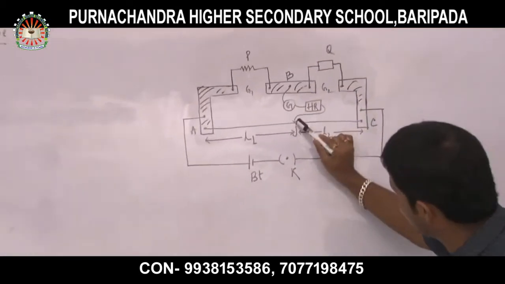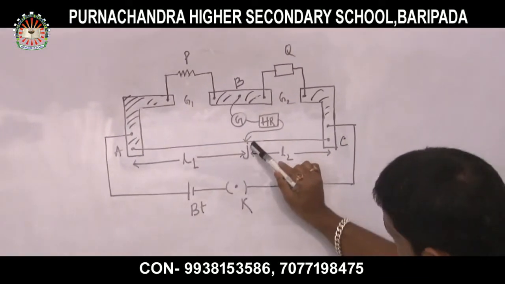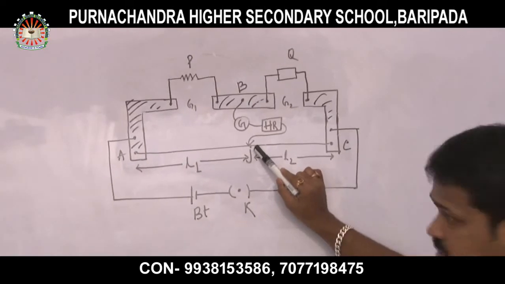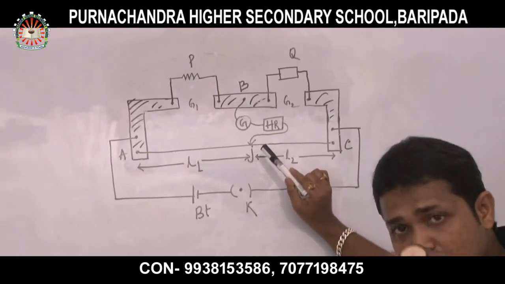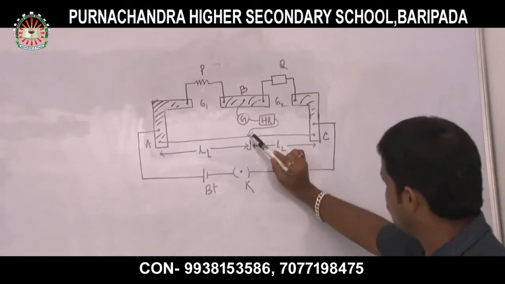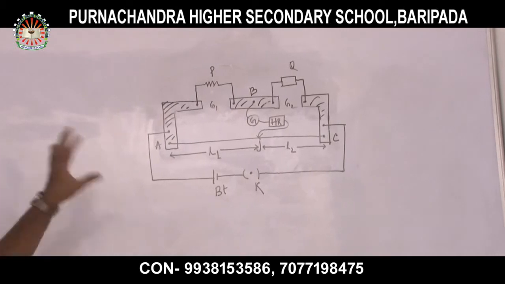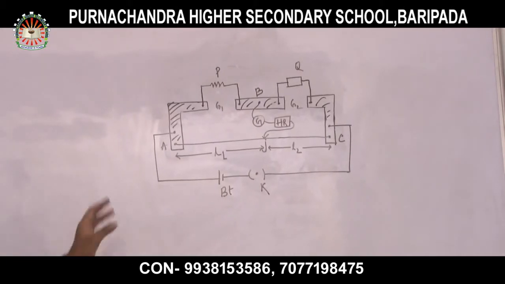This is connected with the wire AC at the point J, which is a moving contact that acts like a jockey. So this is the constructional view of your meter bridge.